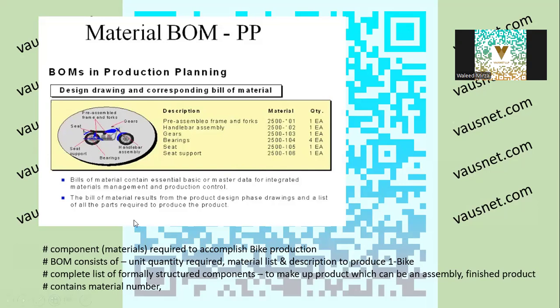They will create the BOM and the list of all parts. So BOM consists of the unit quantity required, the material list, and description to produce one bike. The complete list is all collected in one document called a BOM, which will tell you the assembly and the finished products.